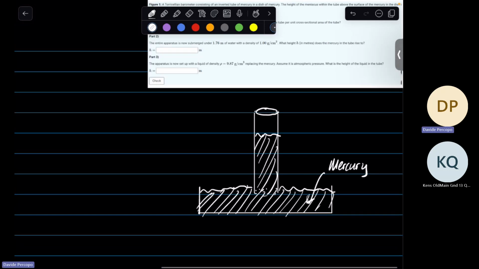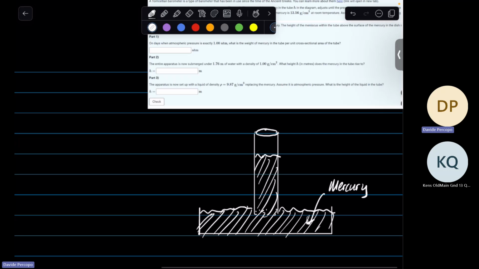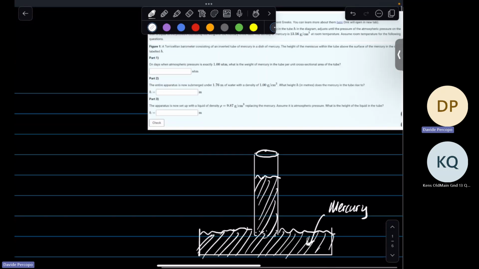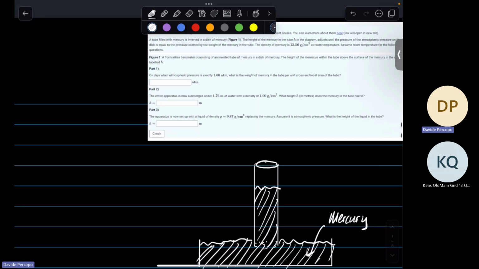A barometer is just the name of a thing. Barometer means pressure measurer, like isobaric. I think baro is some sort of Greek or Latin word for pressure or something, whatever. But it's fine. When you read this question, a lot of these words throw you off.